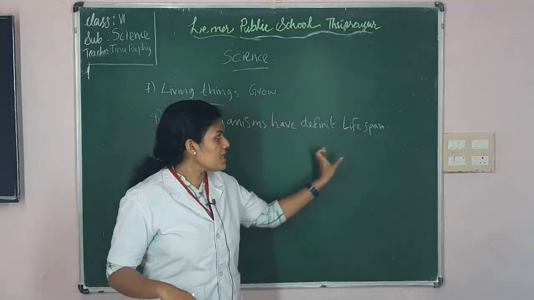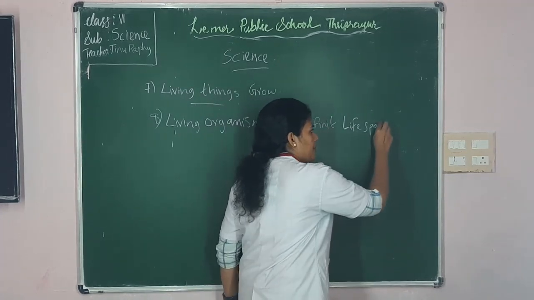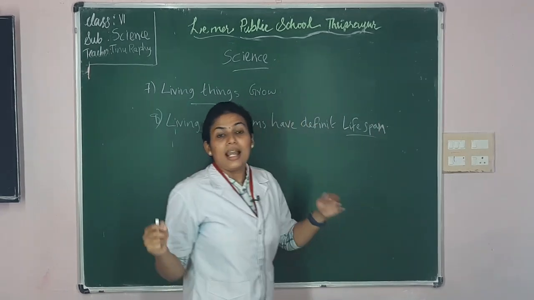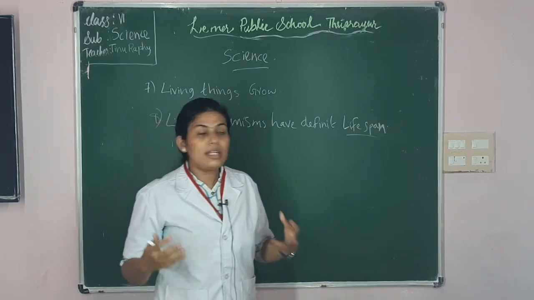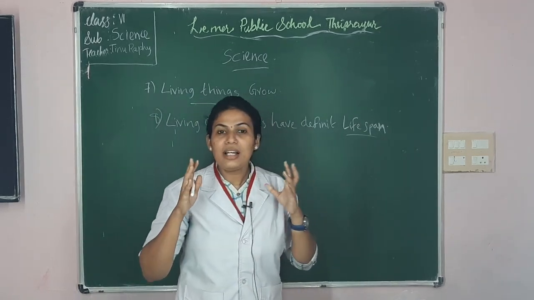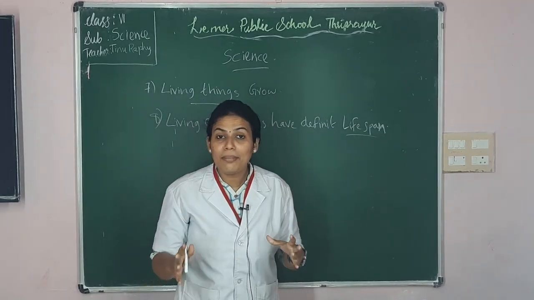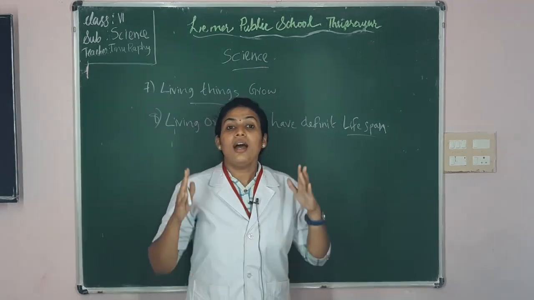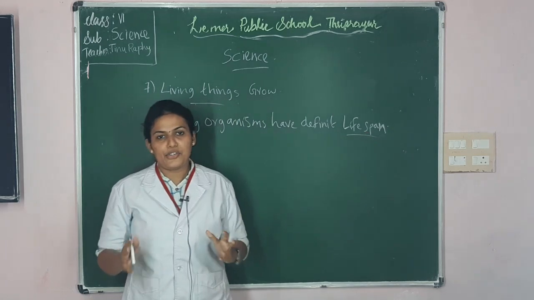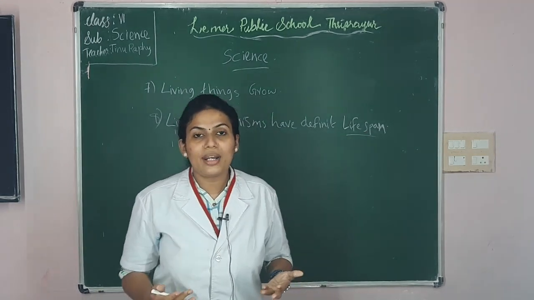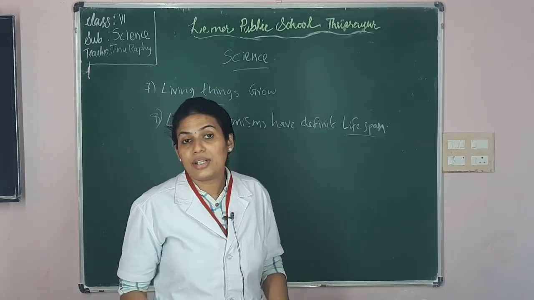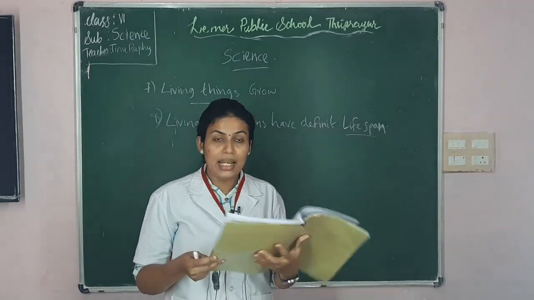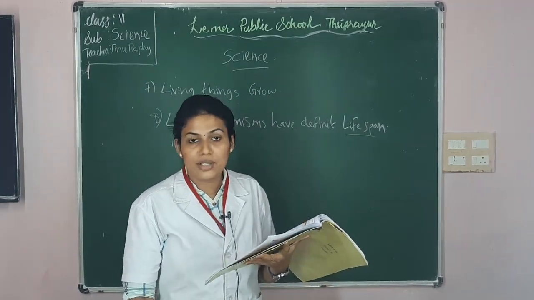So, what is lifespan? Yes, lifespan is the time period for which the organism remains alive. So all the living organisms have a lifespan. In your textbook page number 83, the lifespans of various organisms are shown.